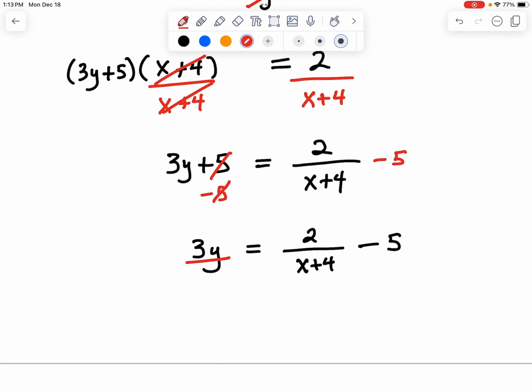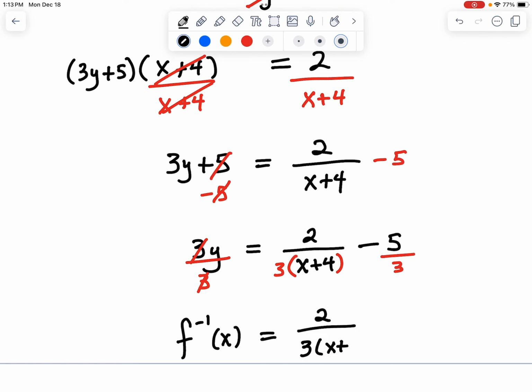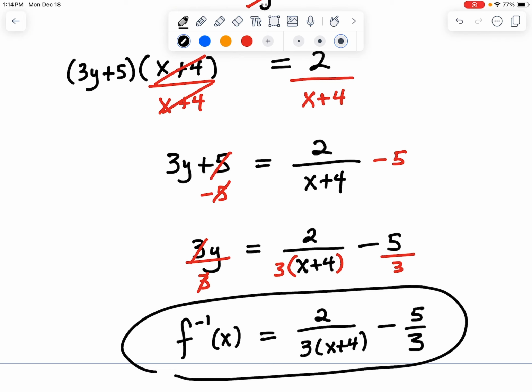So if you divide by 3 on the left, you need to divide by 3 on the right. And because this has two terms, both of them need to be divided by 3. And then we've solved for y. So the last step is replace the letter y with the inverse. And then we have our answer. And that is the inverse.